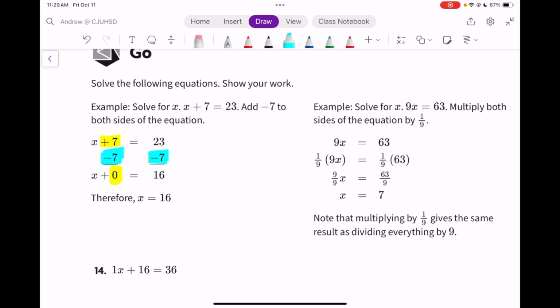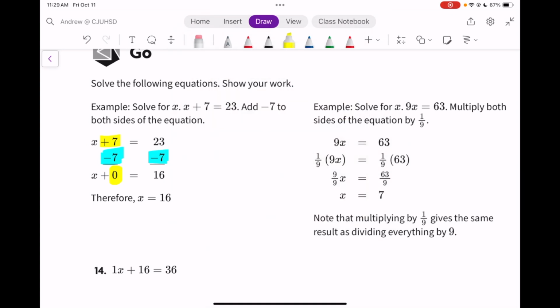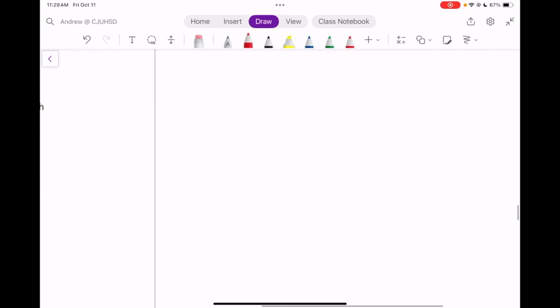Now in the other example, where we have 9x, we're trying to make the number 1. 9 over 9 is 1. We'd like 1x when we're done. Multiplying a number times its reciprocal will always give you 1, except for one number, the number 0.